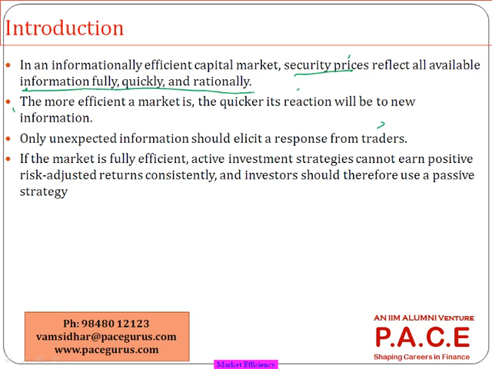It's not a 50-50 toss. Of course, some decisions will be equally good or equally bad, but people have their own processing mechanism. And what we are saying is that if every piece of available information is reflected fully, quickly and rationally, we say that the market is efficient.